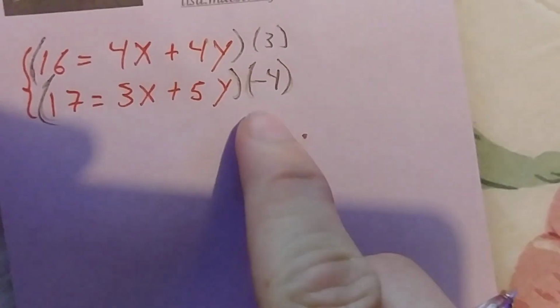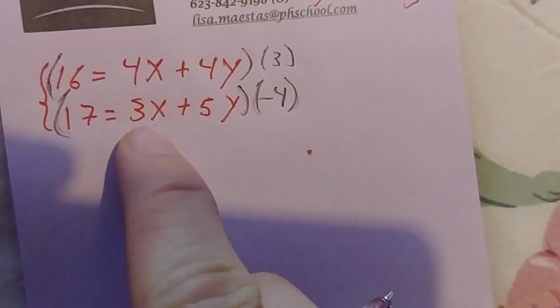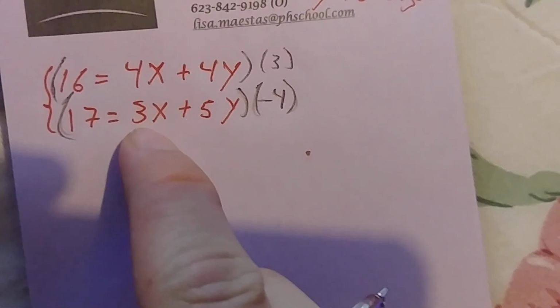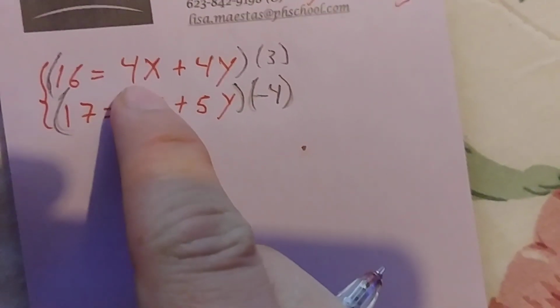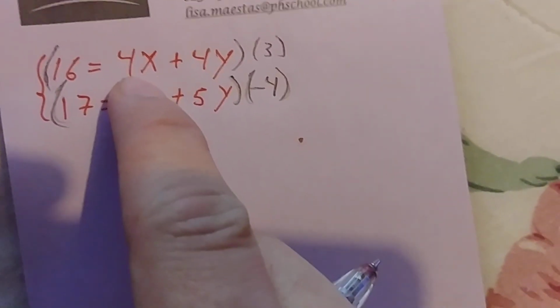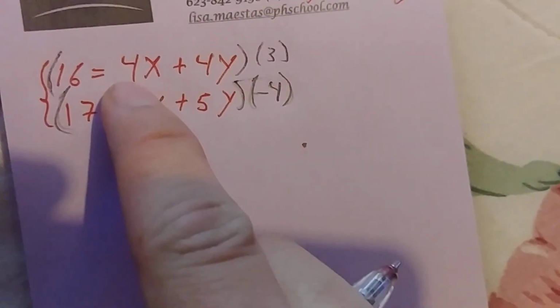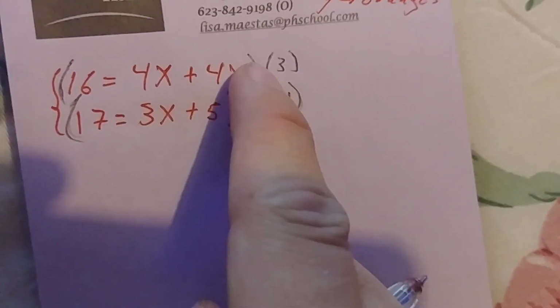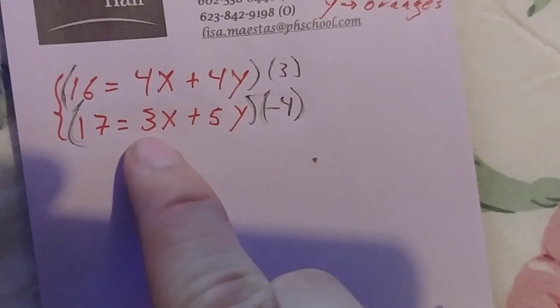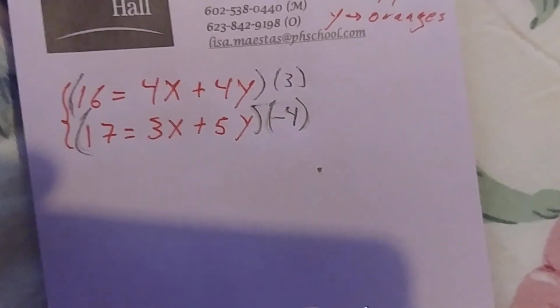So why -4 and why +3? The thing is, after multiplying by -4, this value, I'm going to get -12. Now, what times 4 will give me +12? Well, 3 times 4 will give me +12. So from here I get +12, and from here I get -12. And that's pretty much what I want.